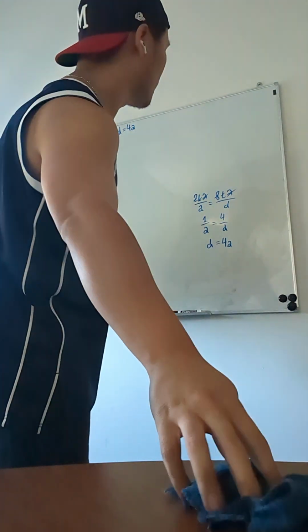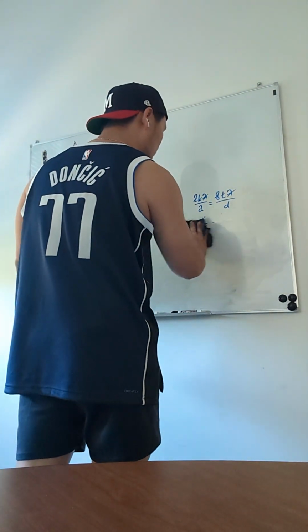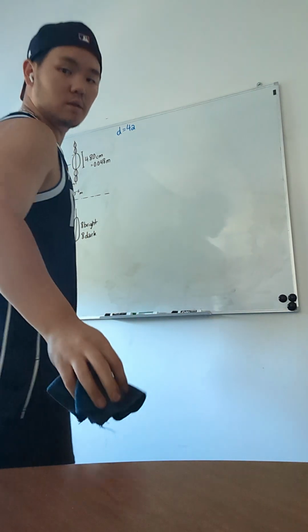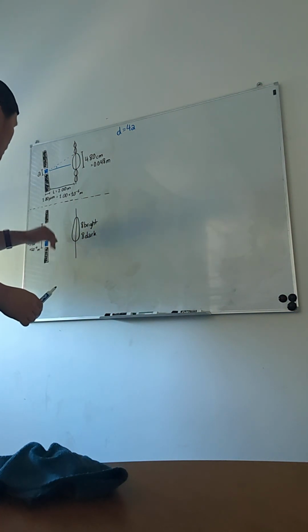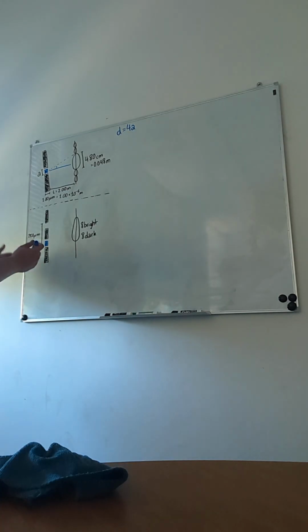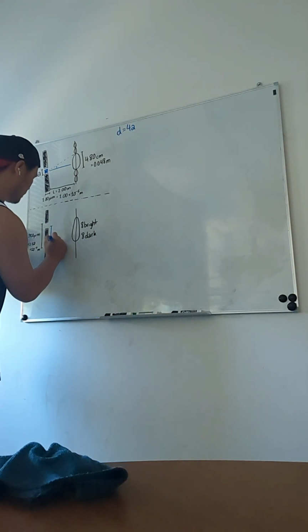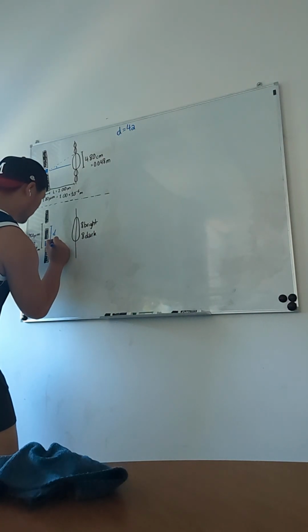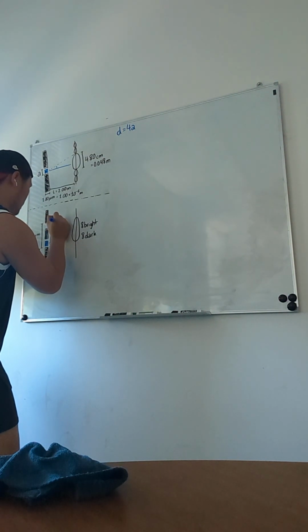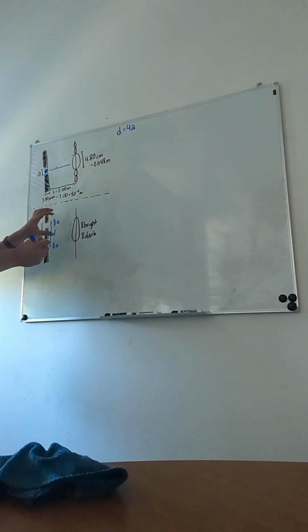Okay, D equals 4A. Now let's try and figure out what A even is. We can do that looking at the diagram for the second part, the 2 slits, right? So we know that here to here is D. It doesn't cover the entire thing. What's left is on the bottom 1/2 A, and on the top also 1/2 A, which adds up to 1A.